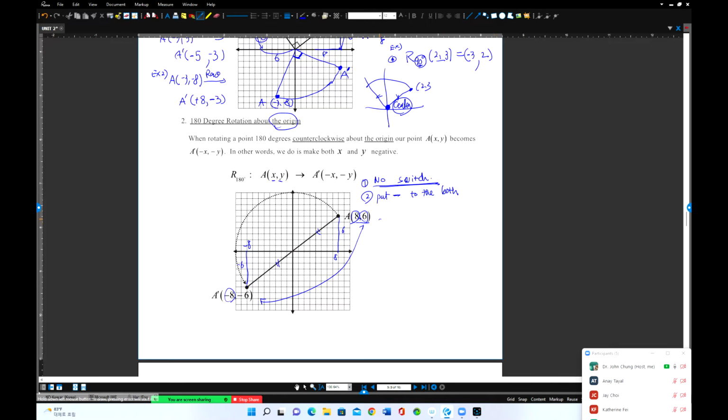For example, if we have (-5, 3), now we're going to rotate 180 degrees. What is the coordinate? Negative 5, 1, 2, 3, 4, 5. There's (-5, 3) up here. I'm going to use this point, around the center, opposite.